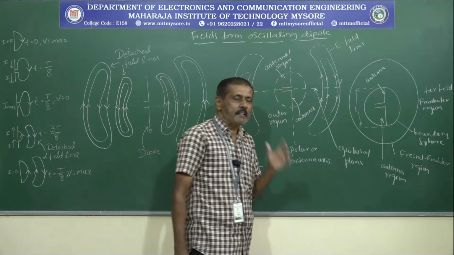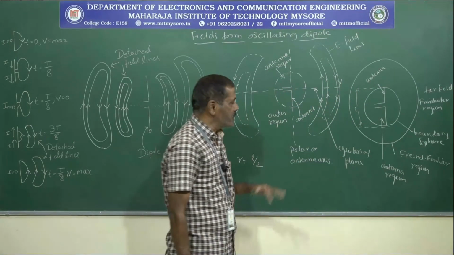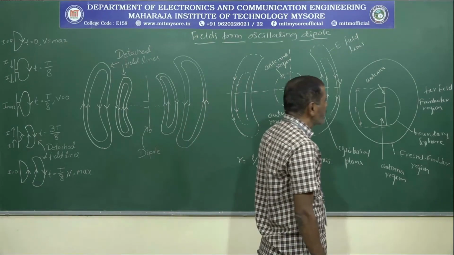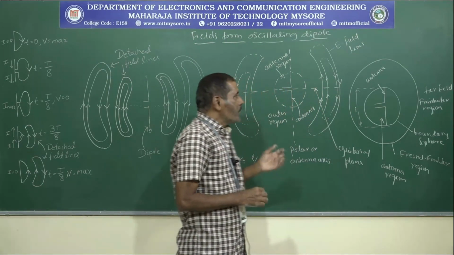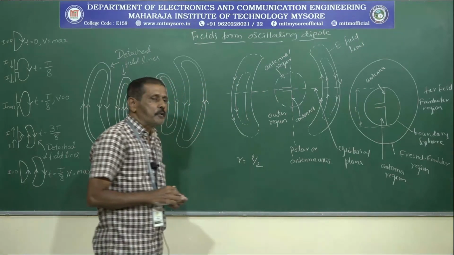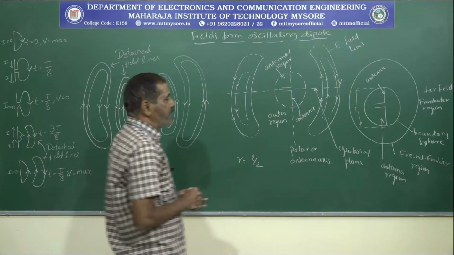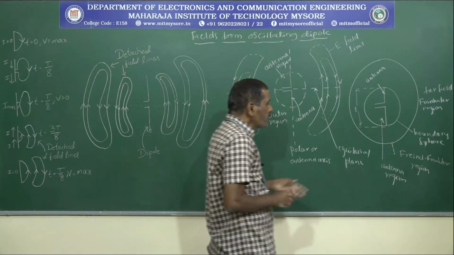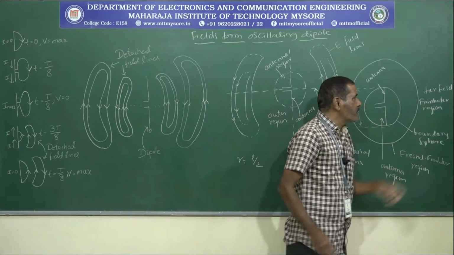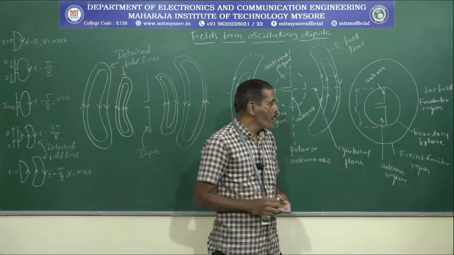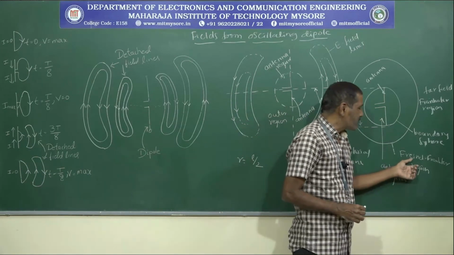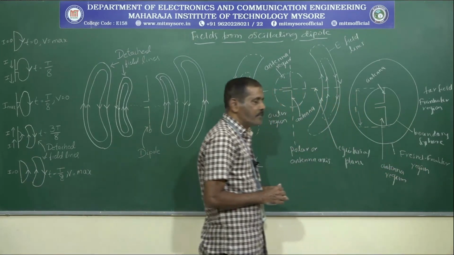The boundary sphere is the one which separates the antenna region from the outer region. For an antenna, we have two fields. One is the far field, another one is the near field. The far field is called the Fraunhofer region, and the near field is called the Fresnel region.